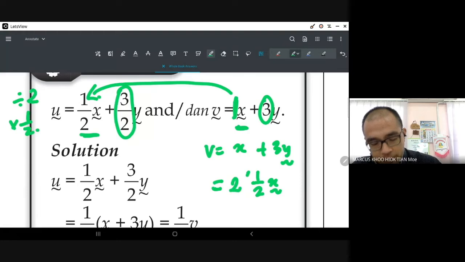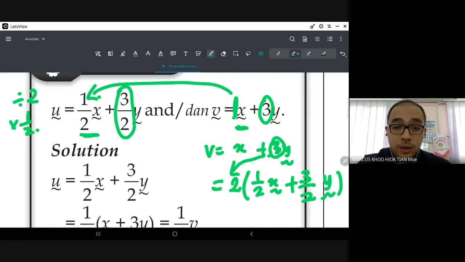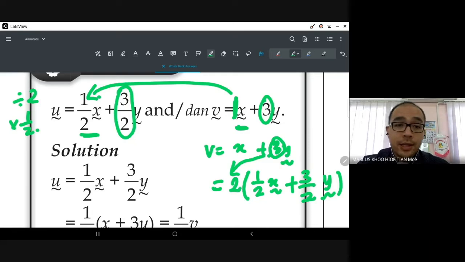So this one, 3 divided by 2, will become 3 over 2y. Do you see that? We take it out because we want to change the 1 to become half, so we have to factorize out the 2. So 1 divided by 2 is 1 over 2, 3 divided by 2 is 3 over 2.